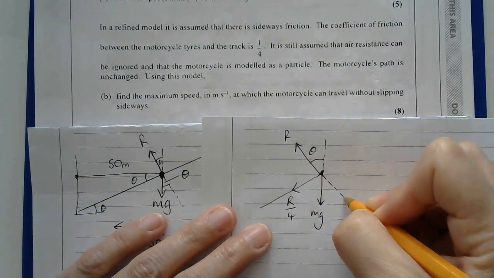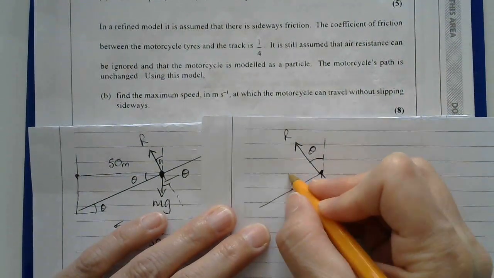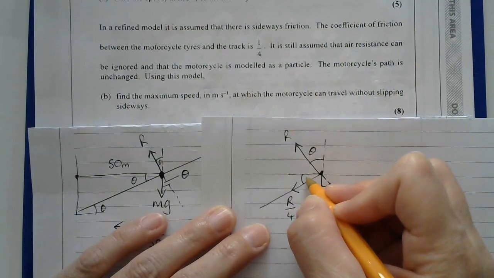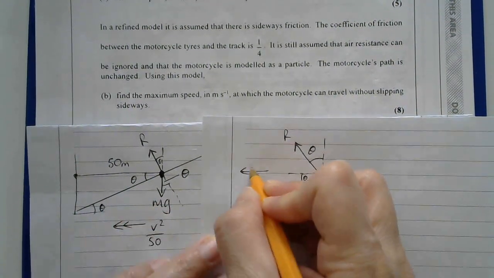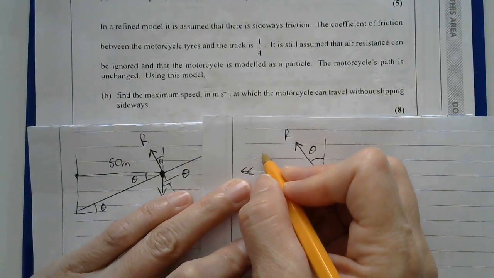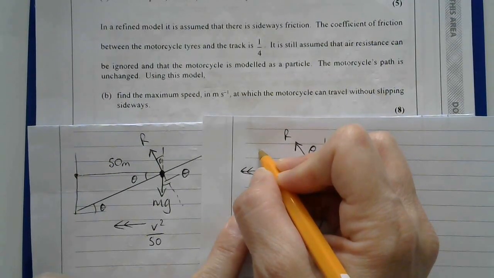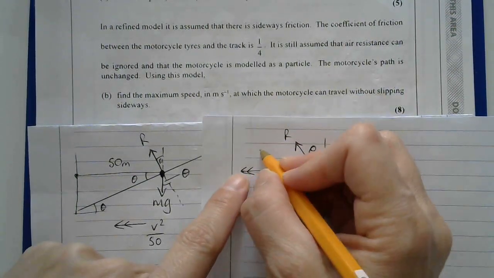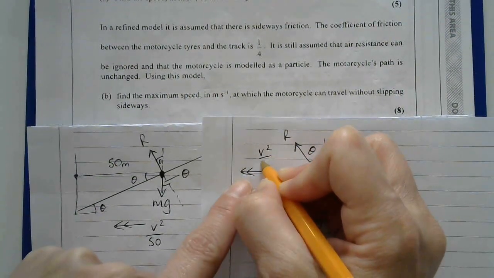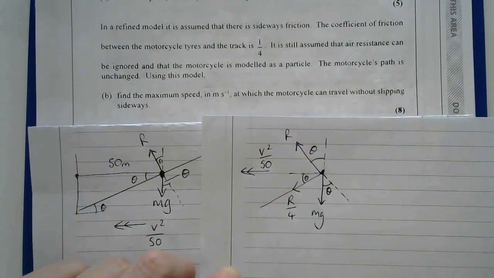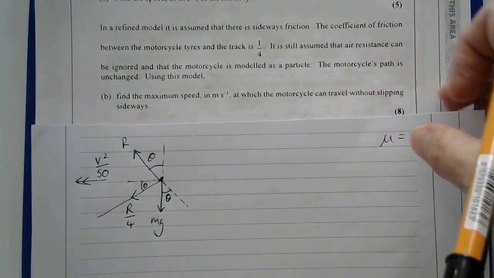This is theta, so that is not theta, and that is theta. Okay, we also have the acceleration, which has remained unchanged. Well, the value of v will change, but I'll just call this v squared over 50 this time.